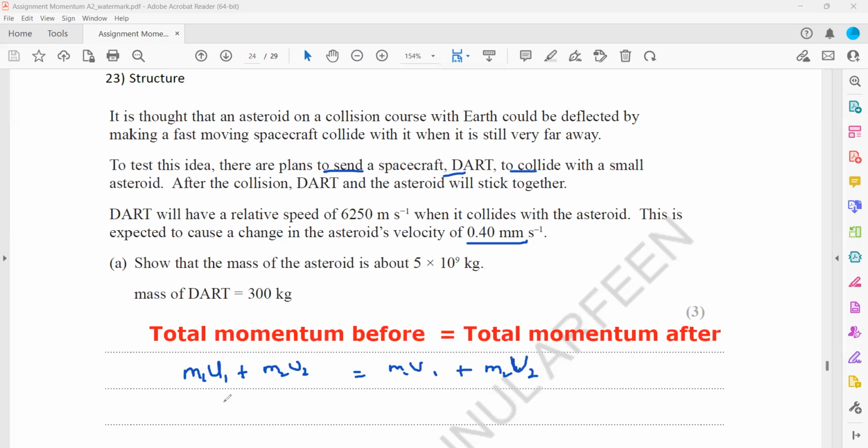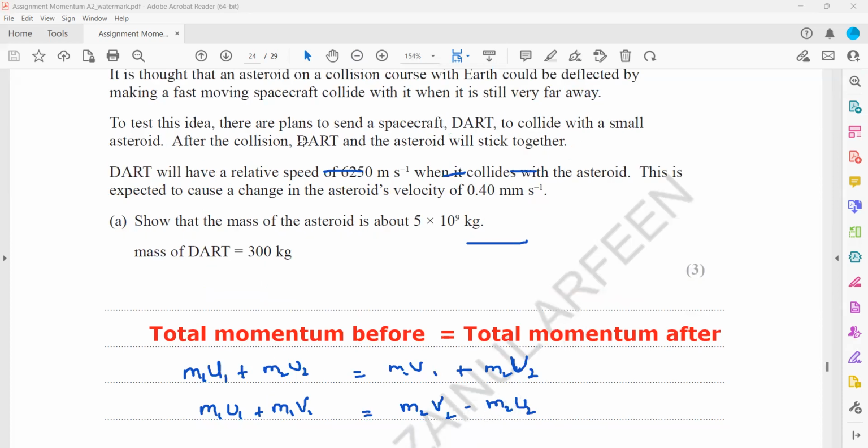If I move terms, m1u1 minus m1v1 is equal to m2v2 minus m2u2. Now, how is it done? From the values you can clearly see that the change in velocity for the asteroid is very small, so the change in velocity will be approximately equal to the initial velocity of the dart.